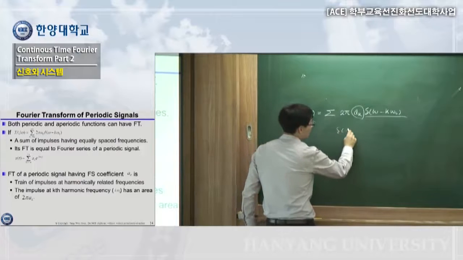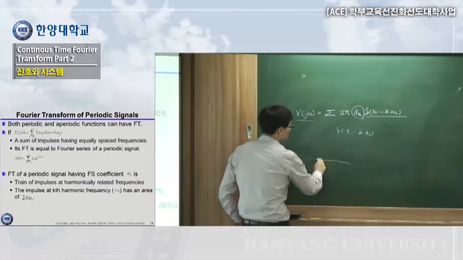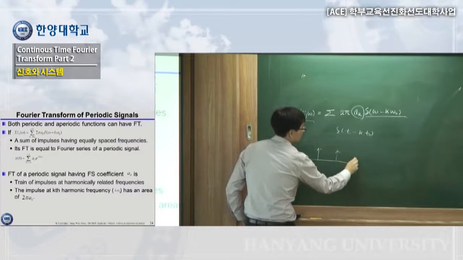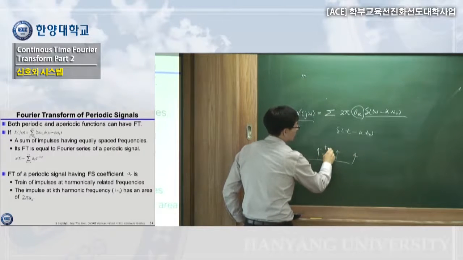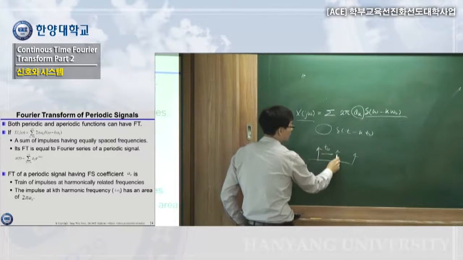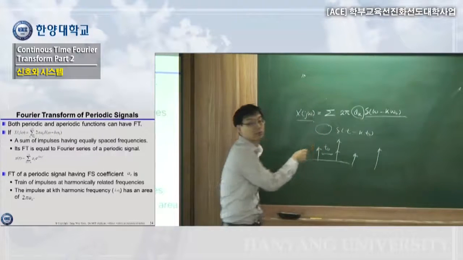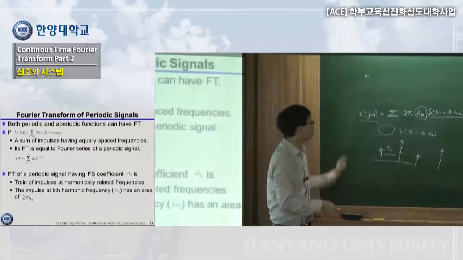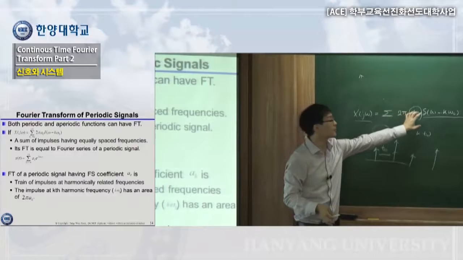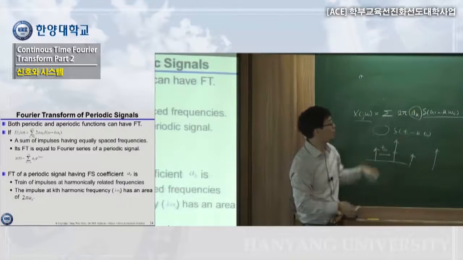Remember, the sequence of impulses is spaced by T0, and they may have different amplitudes, which are given by this value. So we can view them as a sum of a sequence of impulses having an amplitude of 2 pi AK.